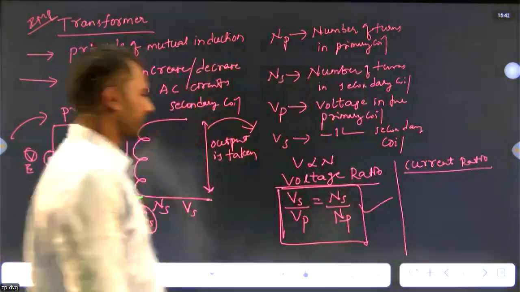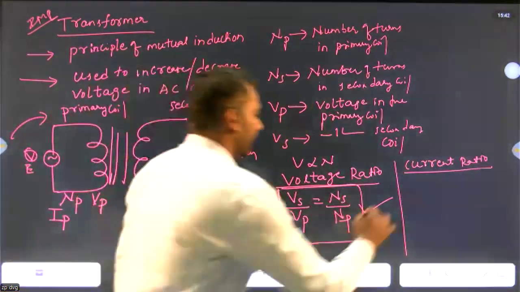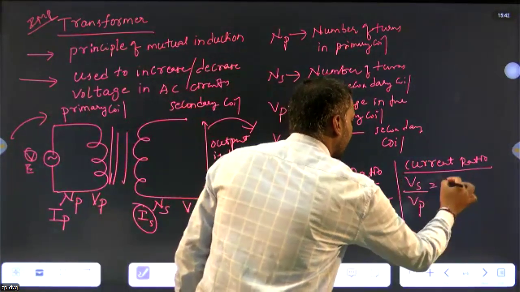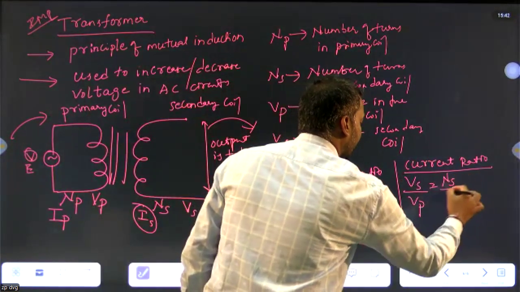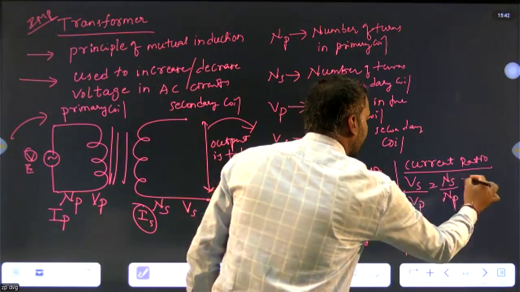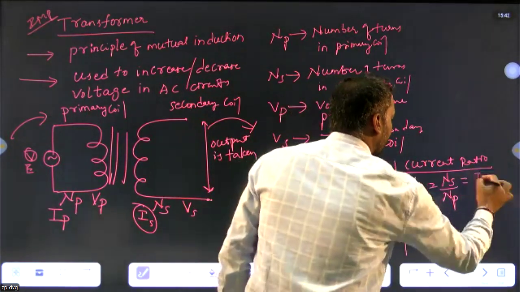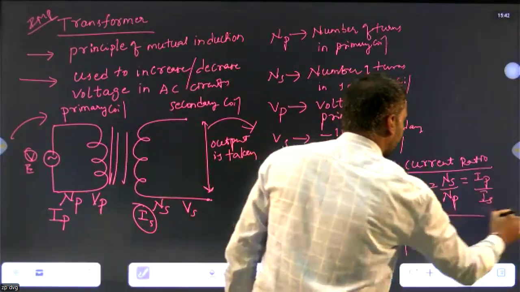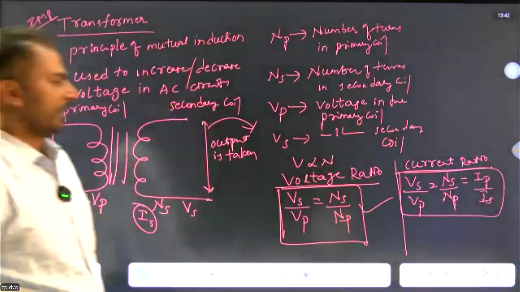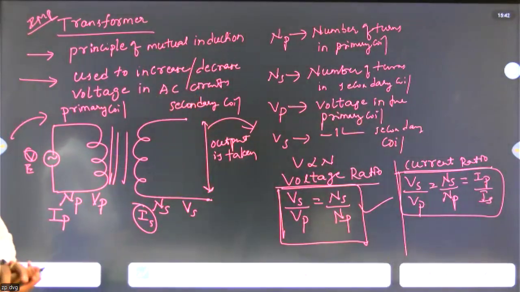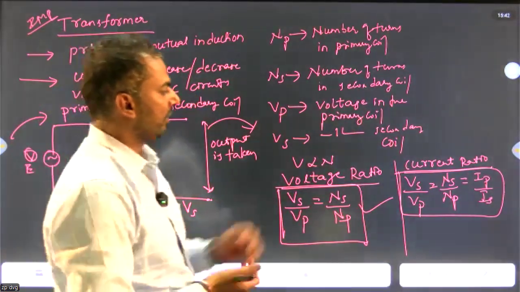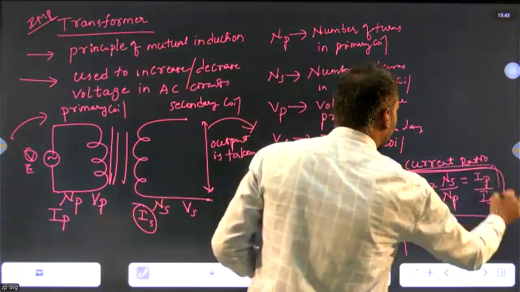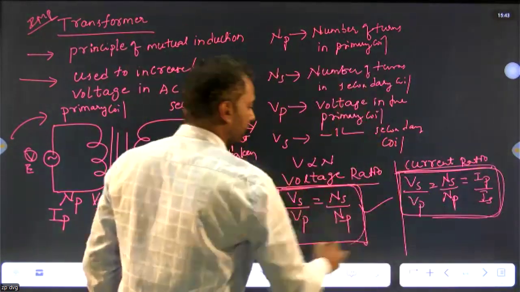Vs by Vp is equal to Ns by Np is equal to Ip by Is. This is current ratio, and this is voltage ratio.